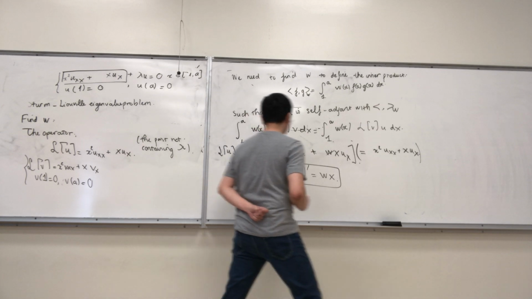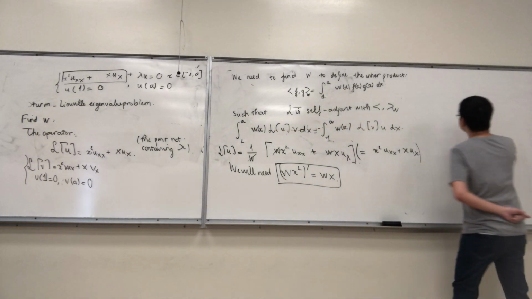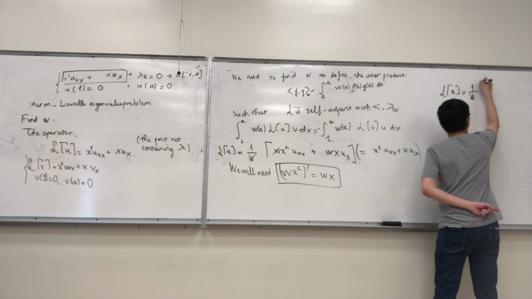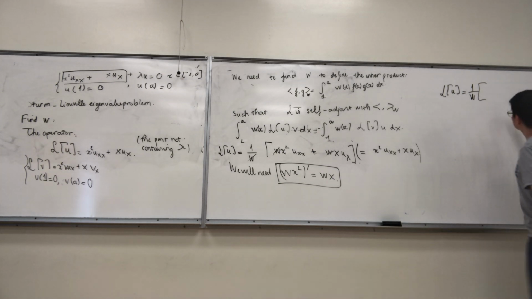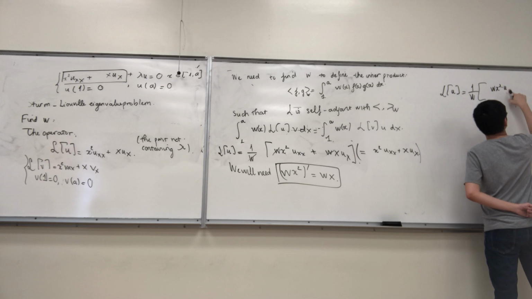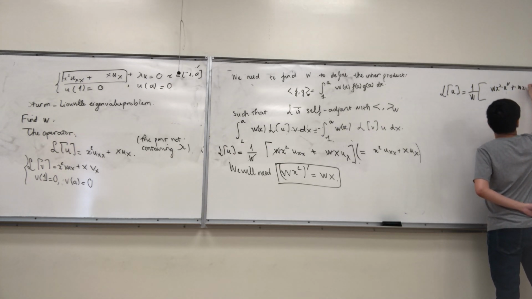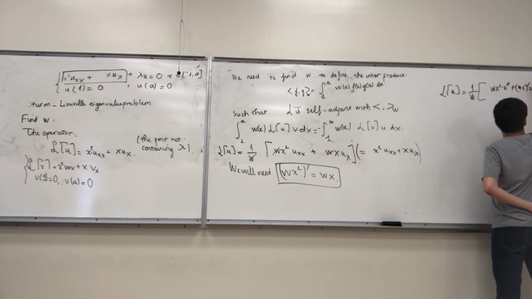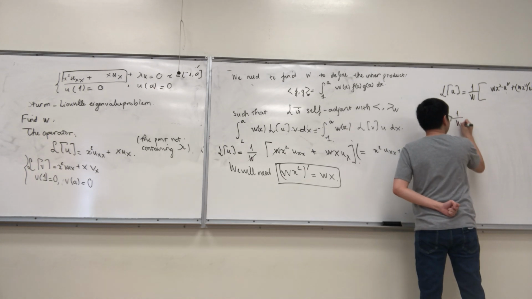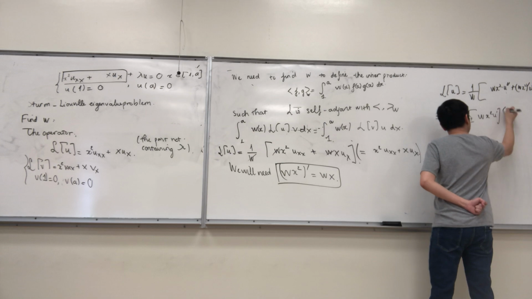If we have this relation, then Lu will be 1 over w times (w x squared u' )' .